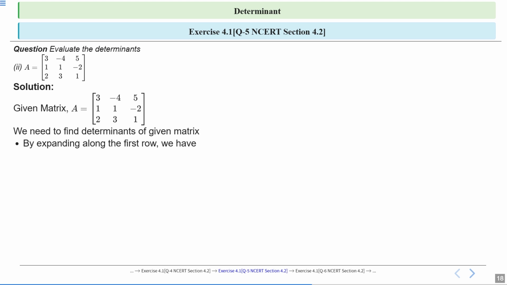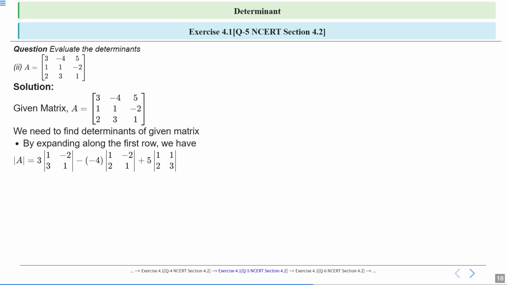So by expanding along the first row, the first element of the first row is 3 and the indices of 3 are 1, 1. So minus 1 to the power 1 plus 1 is positive, and so 3 into the determinant of the matrix of order 2 cross 2 that is obtained by cancelling the first row and first column. So we get, from the matrix, 1, minus 2, 3, 1.